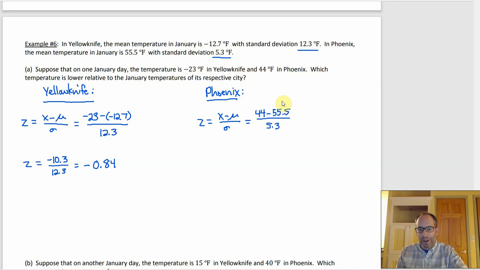So just make sure you use the right mean and standard deviation for Phoenix. And other than that, you're kind of doing the same thing. This will end up being negative 11.5 over 5.3, which is negative 2.17 if you round to two places. Okay, so how about our conclusion?